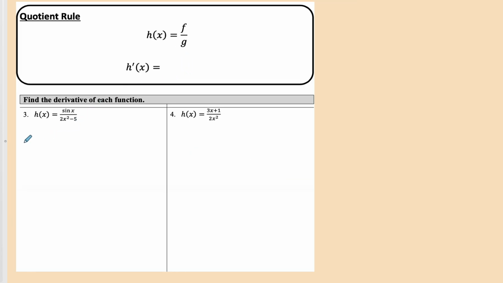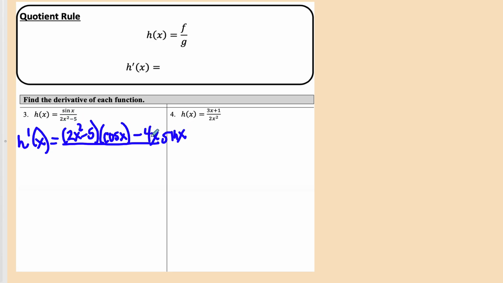And I'm going to do h prime of x, and I'm going to do the denominator times the derivative of the numerator, which is cosine x, minus the numerator, which is sine of x, and then the derivative of the denominator, which is 4x.